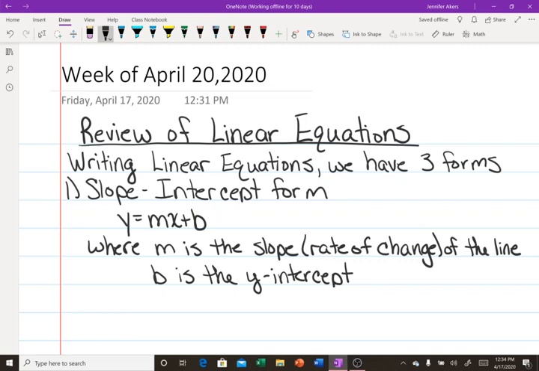The x and the y's represent all the points on the line.